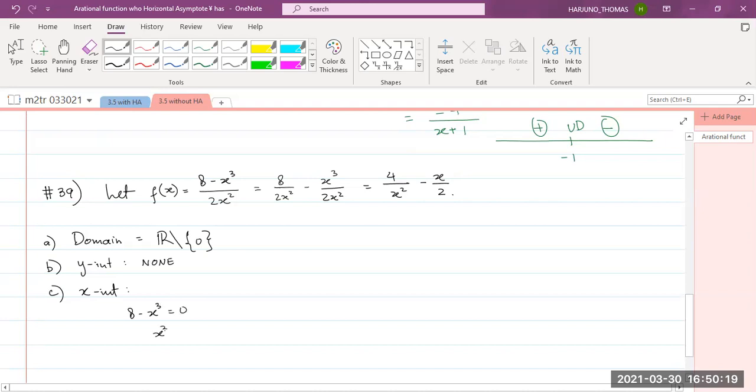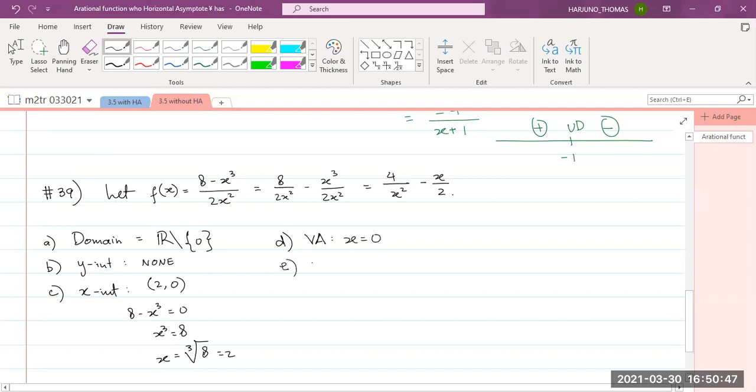So x cubed equals 8, x equals the cube root of 8, which is 2. So the x-intercept is (2, 0). And then part D, how about the vertical asymptote? That's x equals 0.